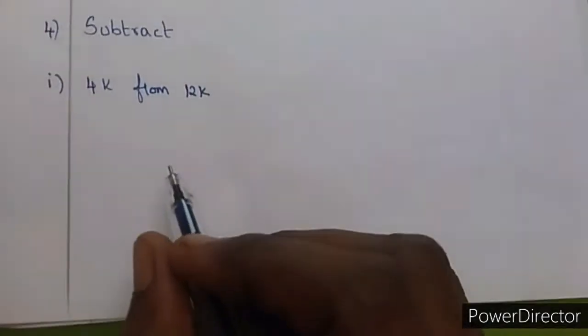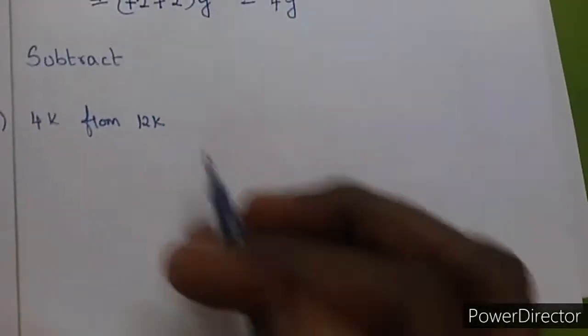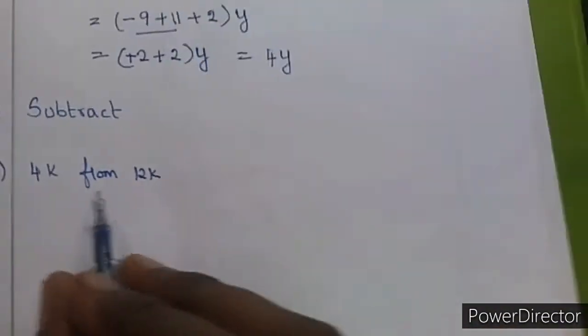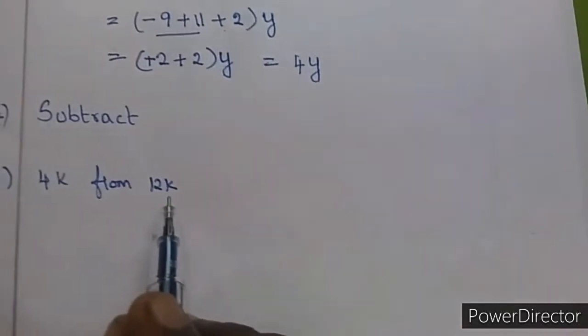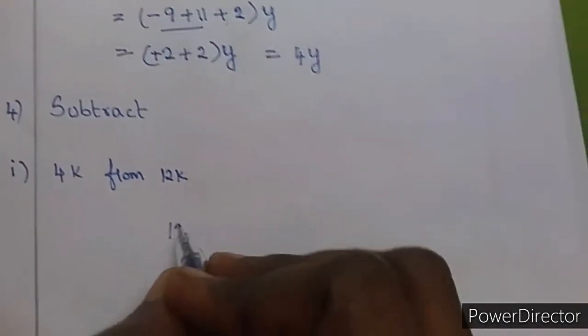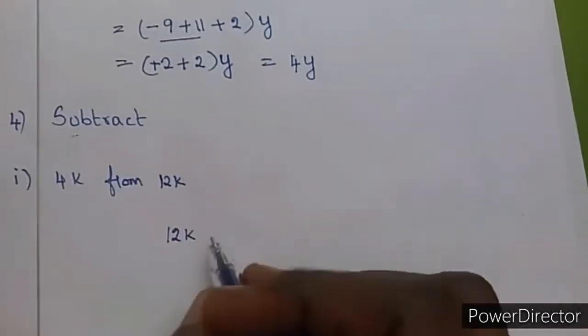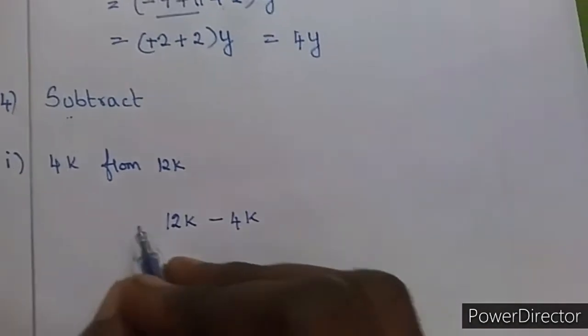Now, question number 4, they are given as subtract. So, first arrange the numbers. What is the given question? 4k from 12k. So, for from, you have to write 12k as your first term. Subtract, the sign is minus, and the next term is 4k.